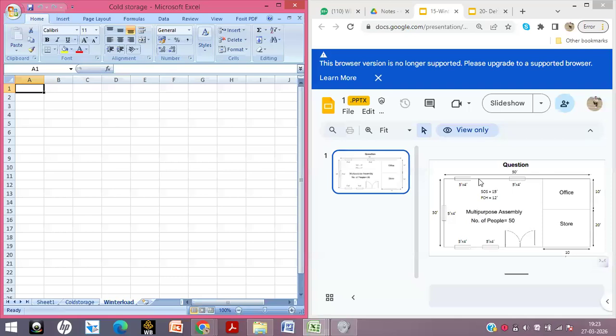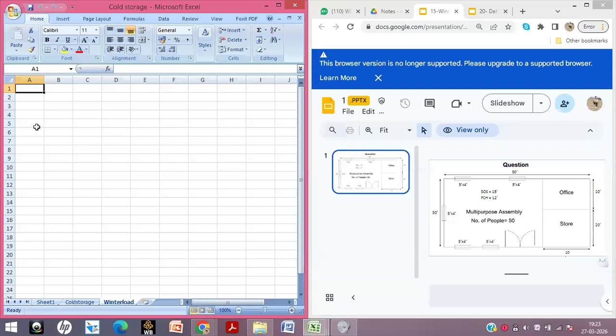So we can see this is one room, and we have multiple windows, and these are different dimensions as well as door dimensions. So consider a room. Using this room, how can we calculate heat load during winter season? First of all, we need to calculate area.